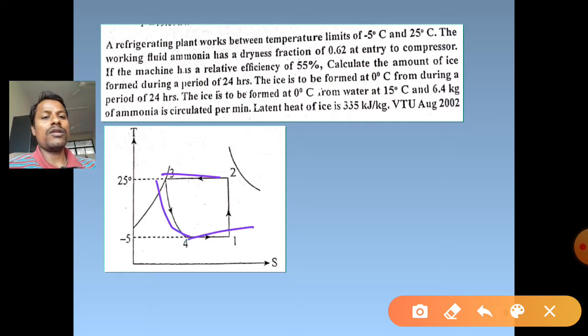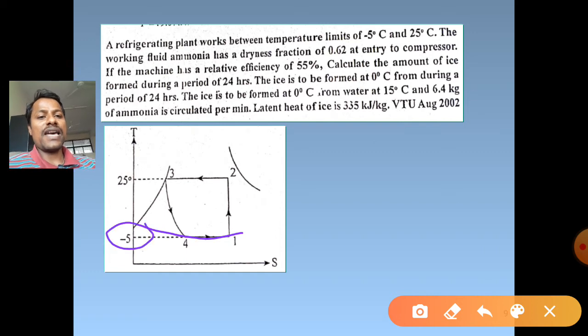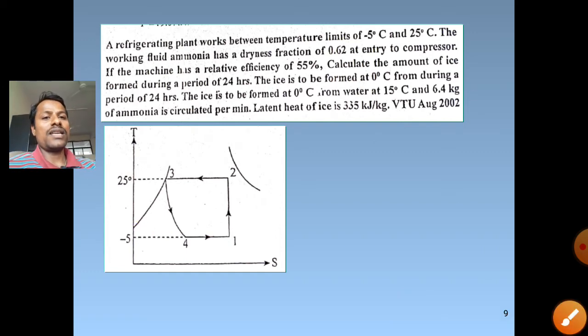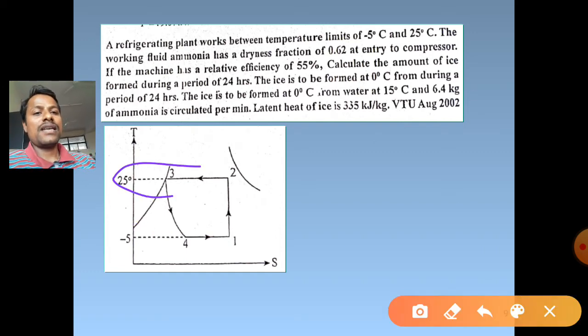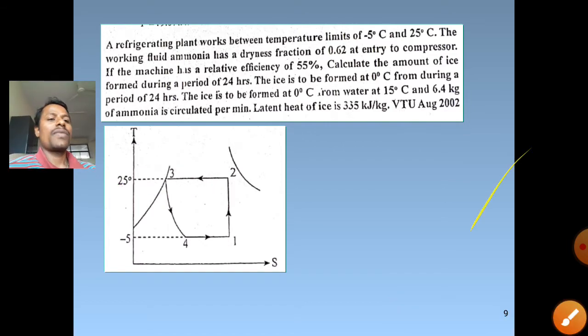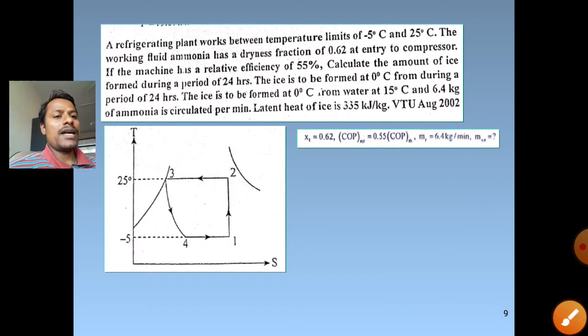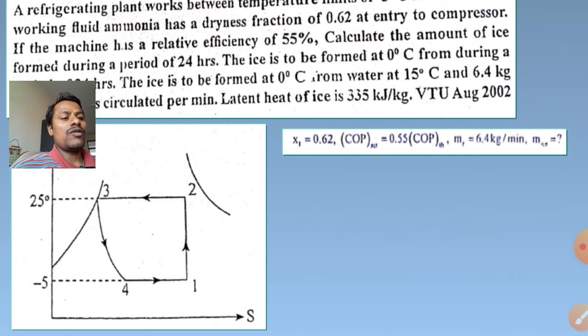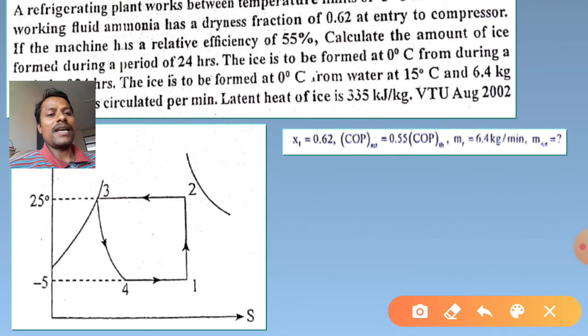Then 3 to 4. Here he has given minus 5 degrees Celsius as evaporator temperature, then 25 degrees Celsius as condenser temperature. Now, let's note down the given data, that is x1, the dryness fraction at inlet of the compressor, is only 62%.